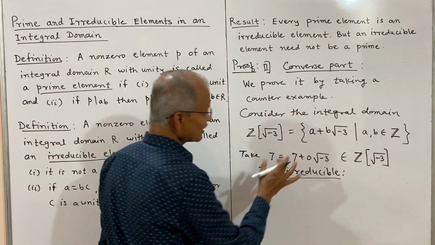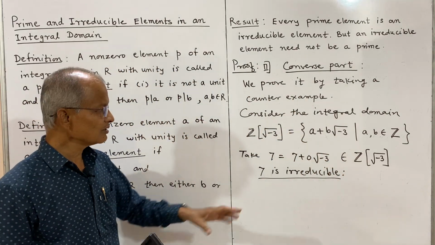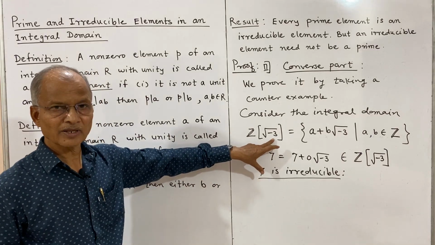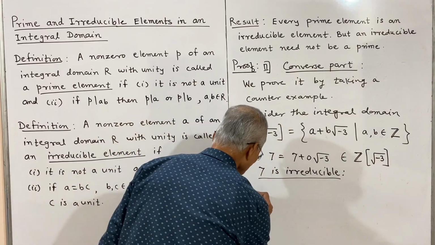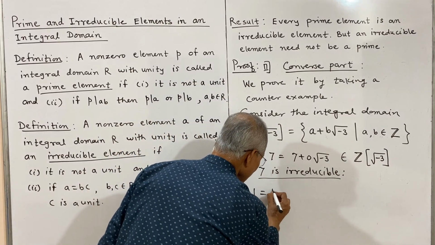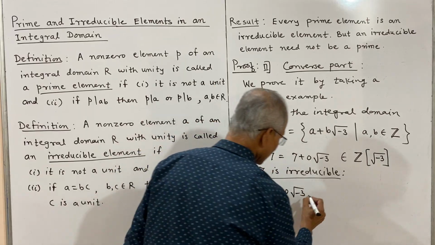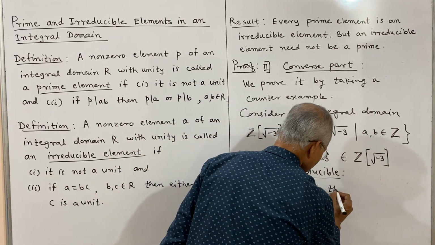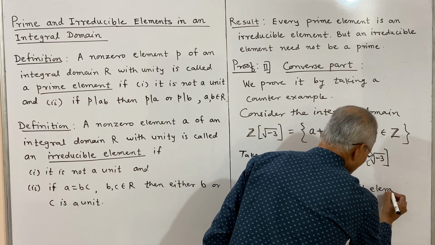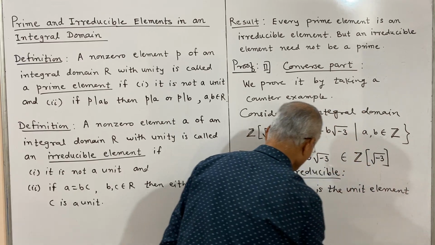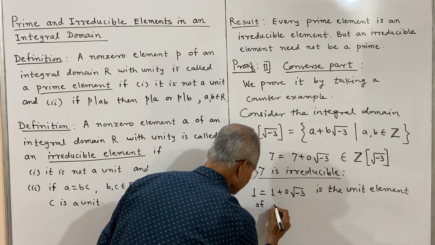Now this integral domain is commutative with unity. What is the unit element in this integral domain? The unit element or unity is 1, which can also be written as 1 plus 0 under root minus 3. This is the unit element of this integral domain.